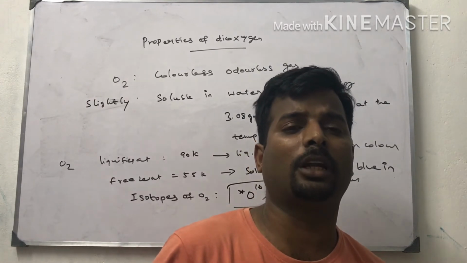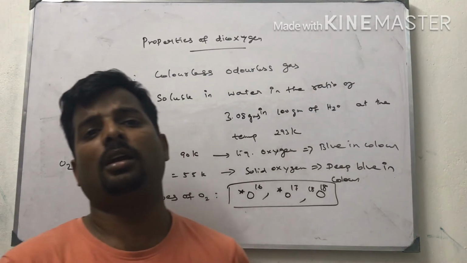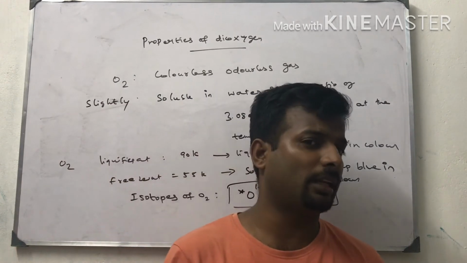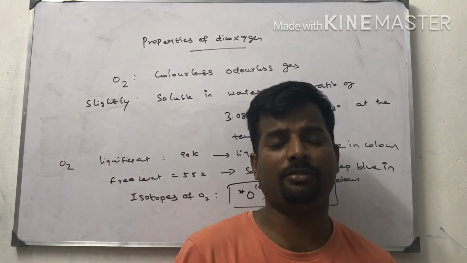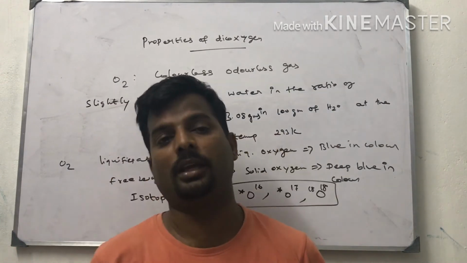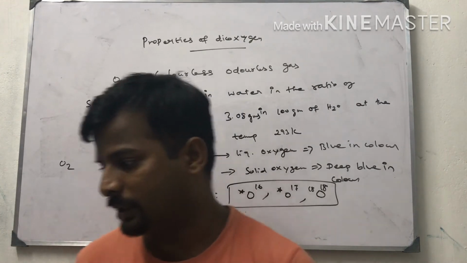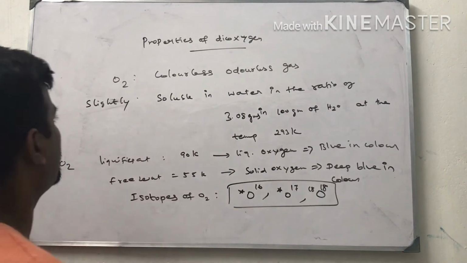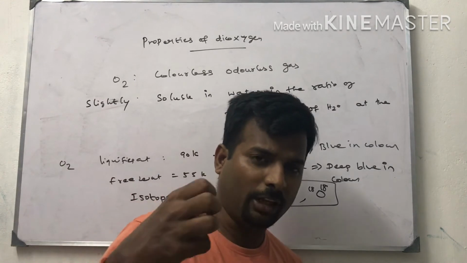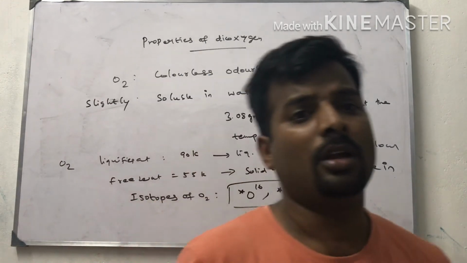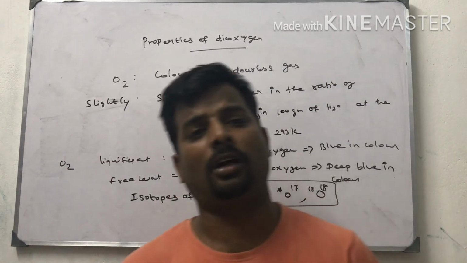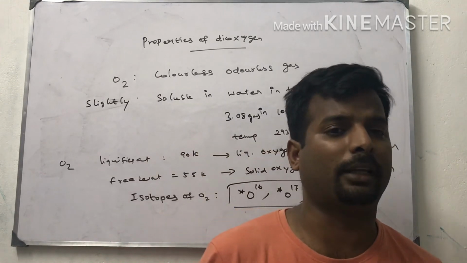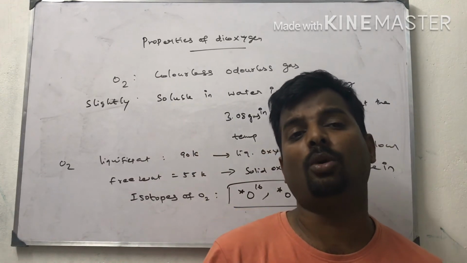Dioxygen is paramagnetic even though it contains an even number of electrons. This we learned in chapter 4 in 11th standard. Next, dioxygen will react with almost all metals and non-metals except gold and platinum, and it will not react with noble gases.